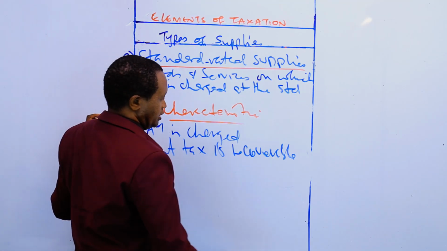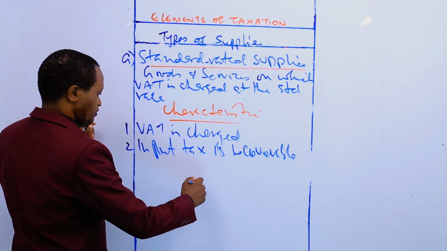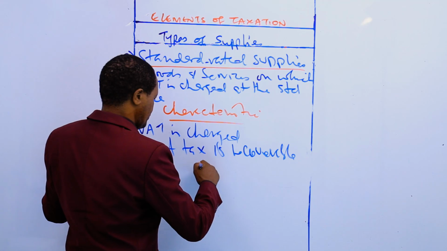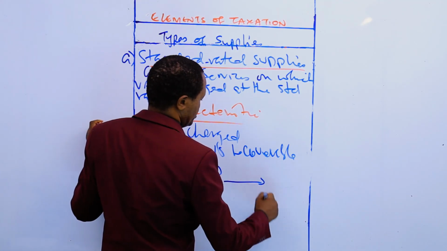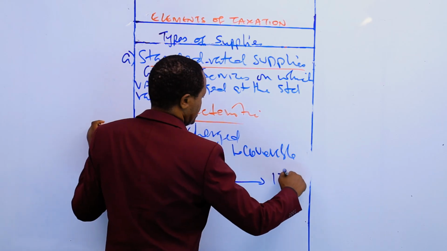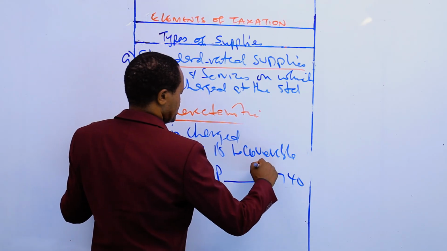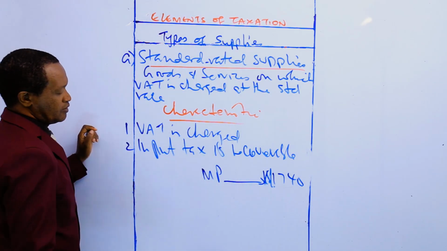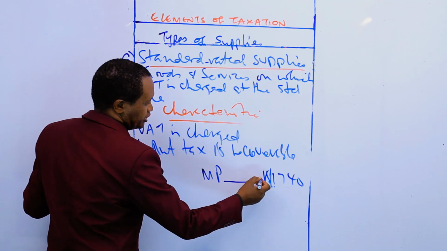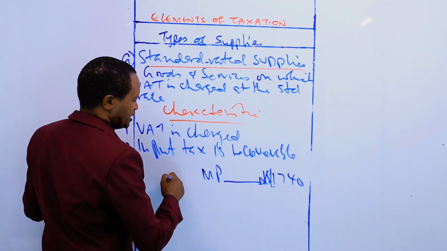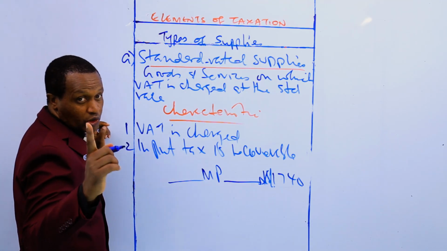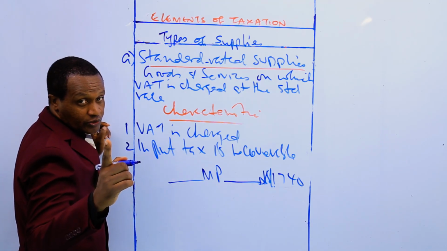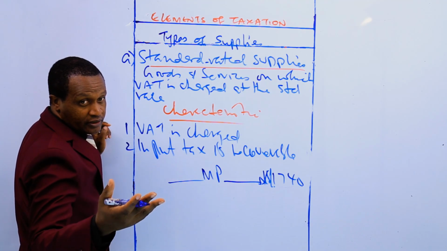Let me use the example I gave. Manifested Publishers is selling books VAT inclusive at 1,740 shillings per book. In publishing or printing this book, Manifested incurred some costs, what we are calling input.